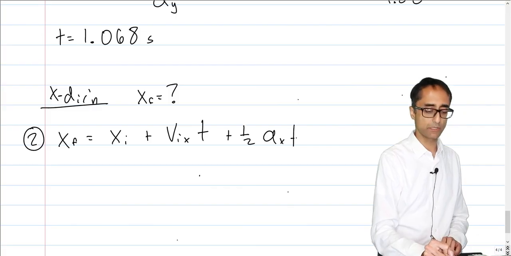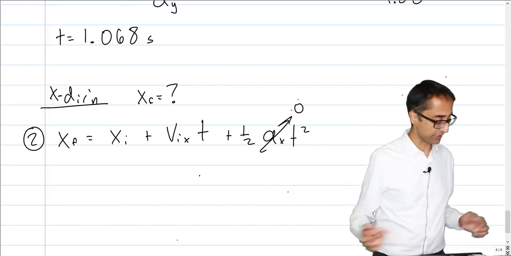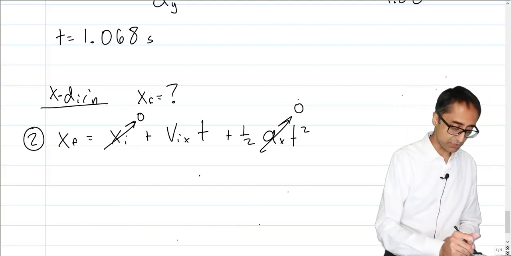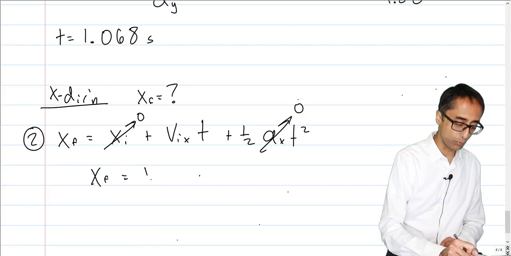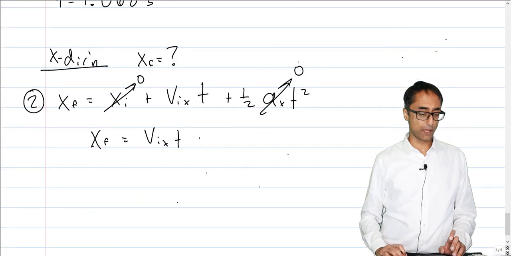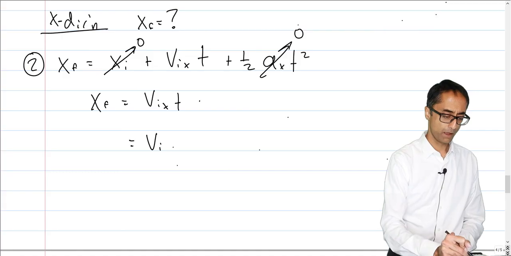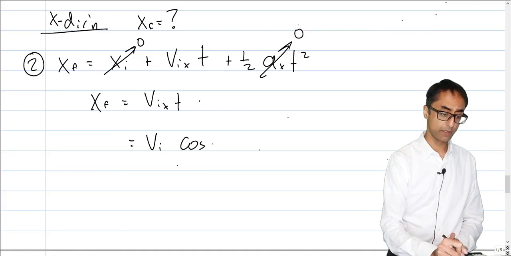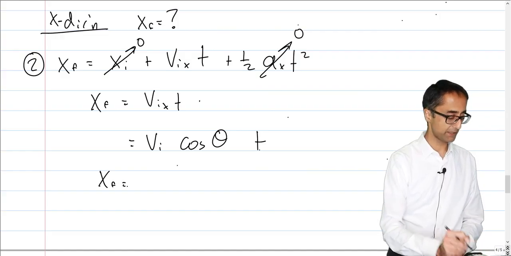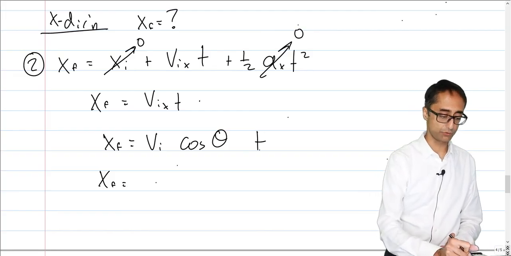So I always like to write out the full equation, knowing, of course, that a_x is equal to 0. There's no acceleration in the x direction. Also, we set our initial position equal to 0, leaving us a super easy equation of x_f equals v initial x t. And we've already figured out that v initial x was v_i cos of theta, still multiplied by t, giving us our final value of x, the final jump position.